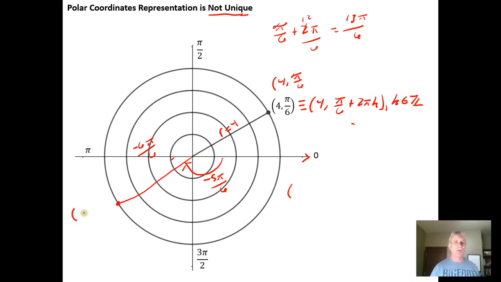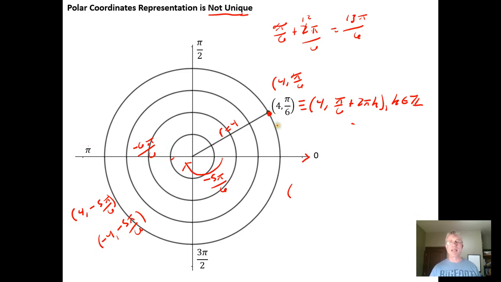This point would be the point, radius is 4, the angle is negative 5 pi over 6. So if we negated this 4, so we do (negative 4, negative 5 pi over 6), that would actually reflect us back through the origin and be another way of representing this point.